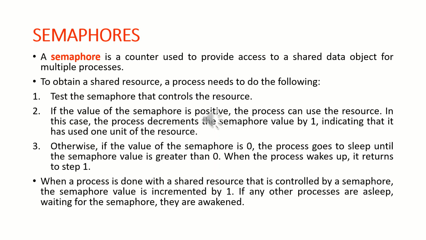A common form of semaphore is called a binary semaphore. It controls a single resource and its value is initialized to 1. In general, however, a semaphore can be initialized to any positive value, with the value indicating how many units of the shared resource are available for sharing.